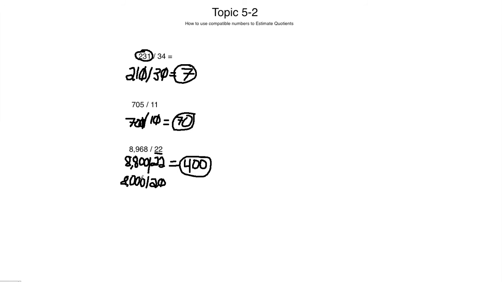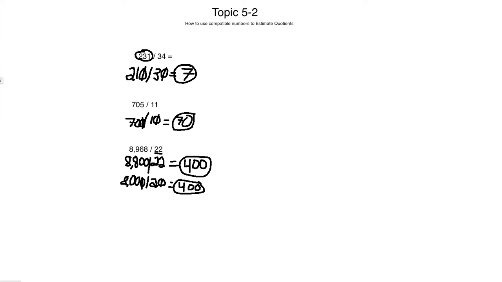Cross out the zeros. 2 goes into 8 4 times. And leave 4 zeros. And look, your quotient is still the same. So either way would have been fine.